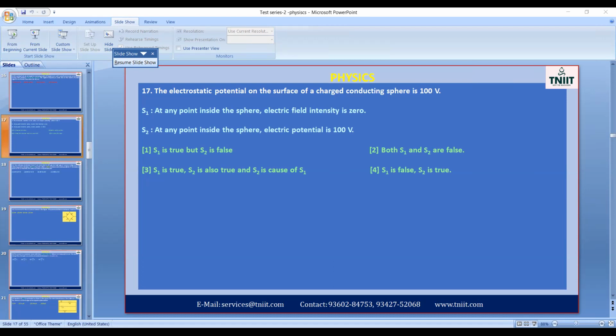Now first the upper limit: 3 into 3 squared by 2 plus 4 into 3 cube by 3, minus the lower limit: 3 by 2 into 1 squared plus 4 by 3 into 1 cube.